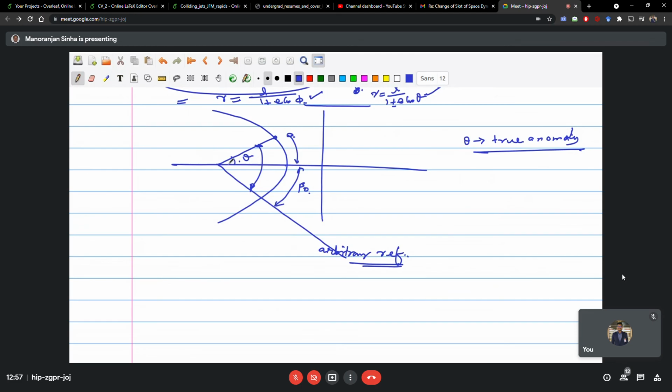Let us write it again. This is theta, so this becomes theta minus beta 0. We are not doing it like this. Rather, let us replace this theta by theta prime in our earlier derivation: theta prime square plus u equals mu by h square.